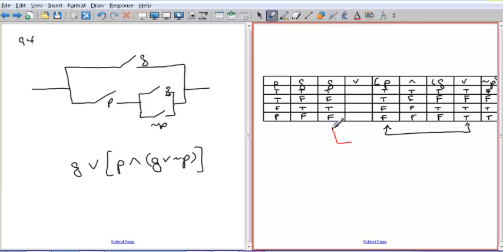And then finally, we compare these two columns. Because what this is, this column represents this whole thing. And this is an OR statement. So the only time the OR statement is false is if they're both false. So we have true, true, true, false. Okay, so the only last one is two false. Everything has at least one true in it, so they're all true.